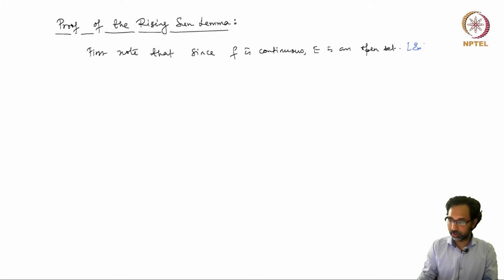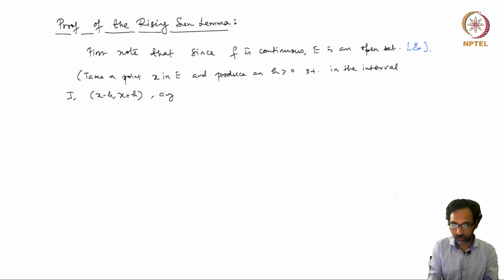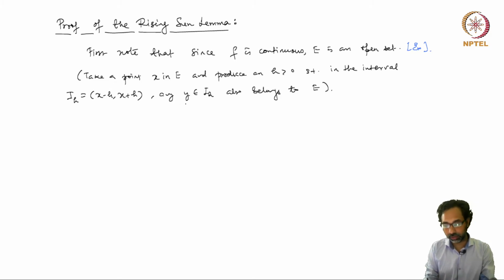I'll leave it as an exercise: just write the definition of continuity, take a point x in E and produce an h positive such that in the interval x minus h to x plus h, let me write this as I_h, any y in I_h also belongs to E, meaning that given this point y, there will be a point strictly to the right of y on which f takes a higher value. This is not very hard to show, and I'll leave it to you as an exercise.